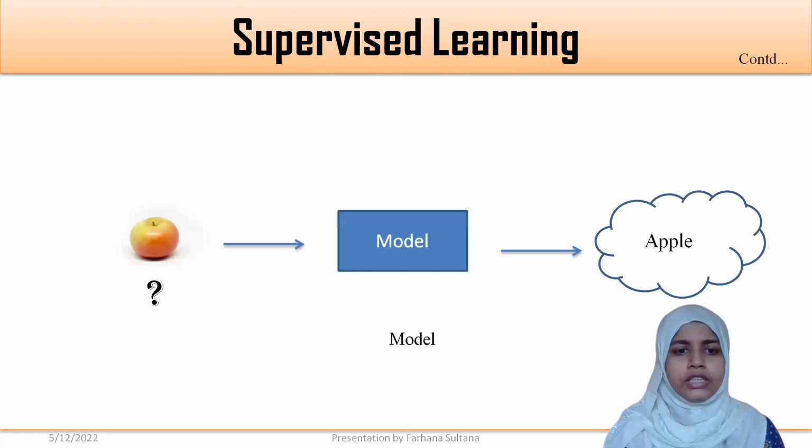Now we show an apple which the machine has not seen before, and if it perfectly recognizes that it is an apple, then we say that the machine has learned to recognize an apple.